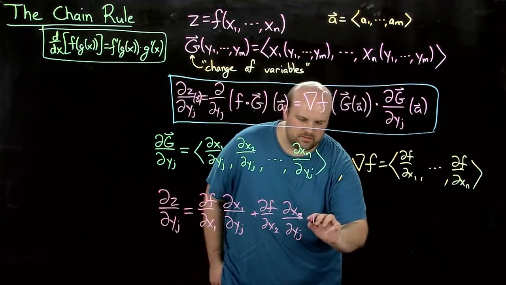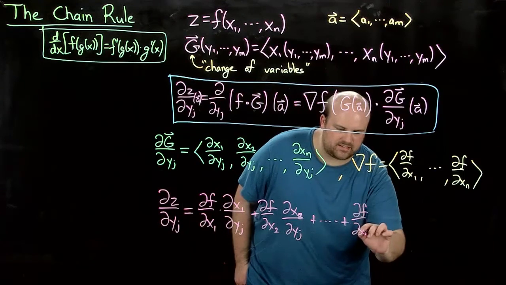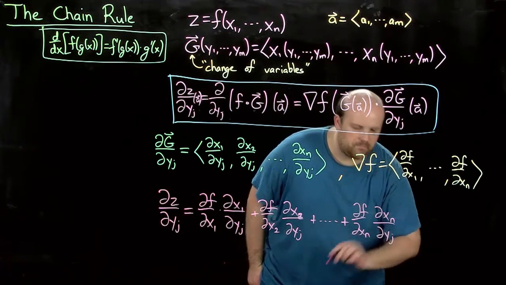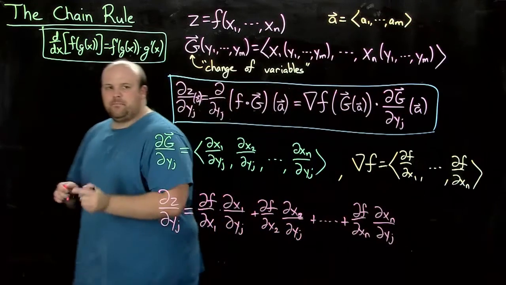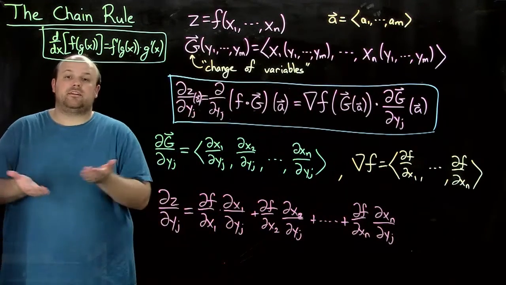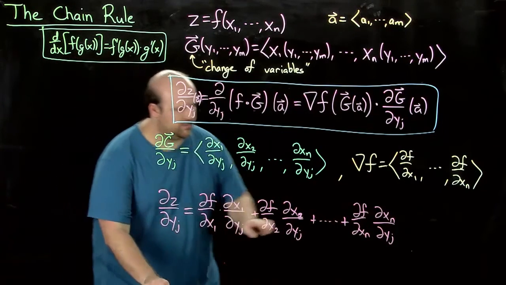And then so on, all the way to the last one, df dxn dxn dyj. Okay? So this brings it all together.